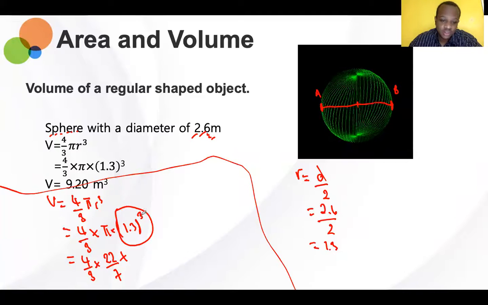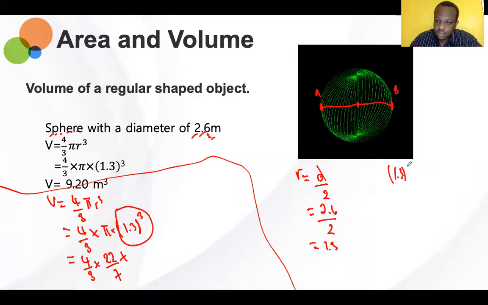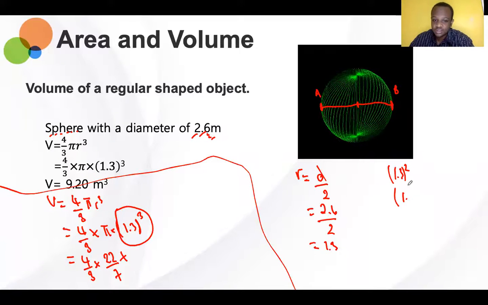So we're looking at our exponent up here. So if we had 1.3 to the 2, what would that be? Let's work over here first. If we have 1.3 squared, what would this be? 1.3 times what? 1.3 times 1.3.